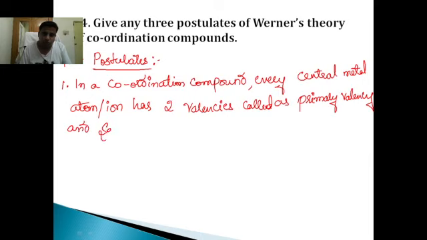This is one postulate. So the central metal atom will have 2 types of valencies. Which are those 2 types? One is called primary valency and the other is secondary valency.